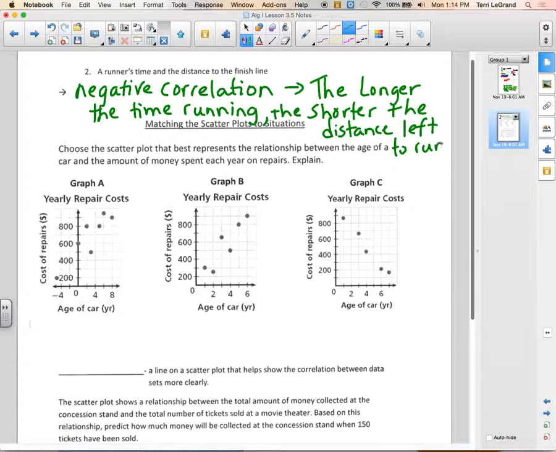Okay, I'm trying to make sense with our sentence here. So, negative correlation, sentence form: the longer the time running, the shorter the distance that should be left to run for that race.